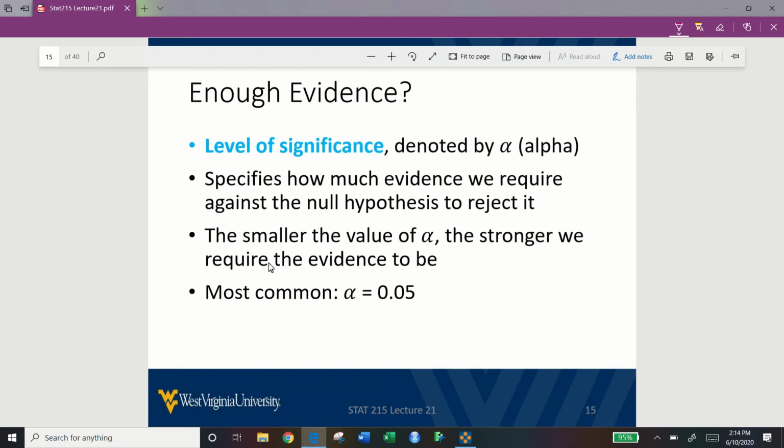The most common is alpha equal to 0.05. This alpha is the same alpha you're used to from constructing the 95% confidence interval. So an alpha of 0.05 would be equivalent to a 95% confidence interval.